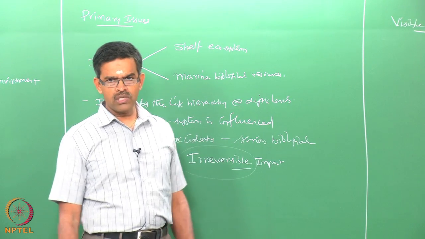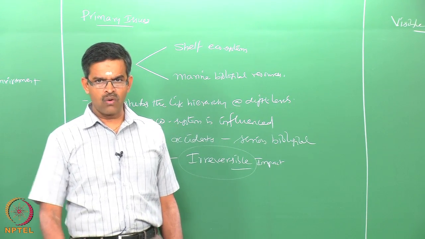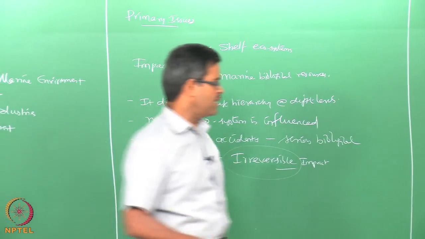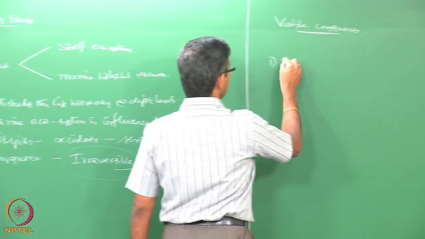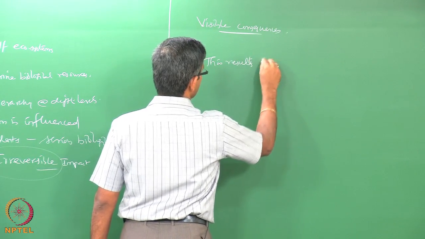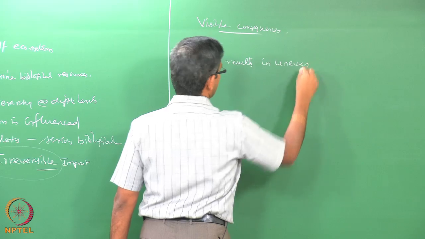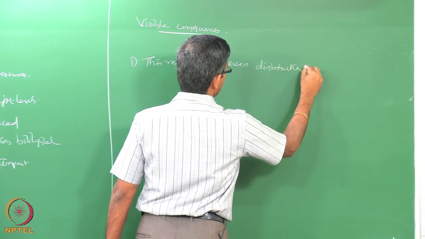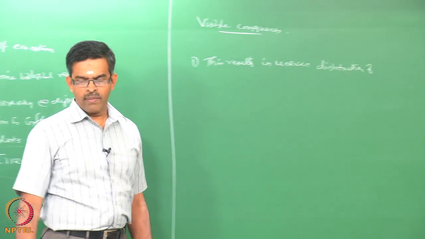The environmental pollution which is caused by the marine ecosystem creates complexities. Firstly, this results in uneven distribution of marine life.